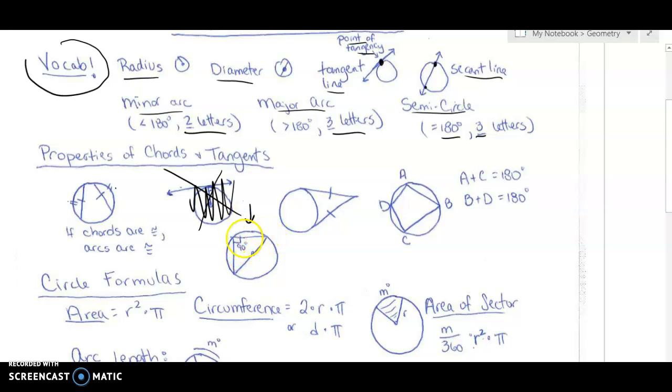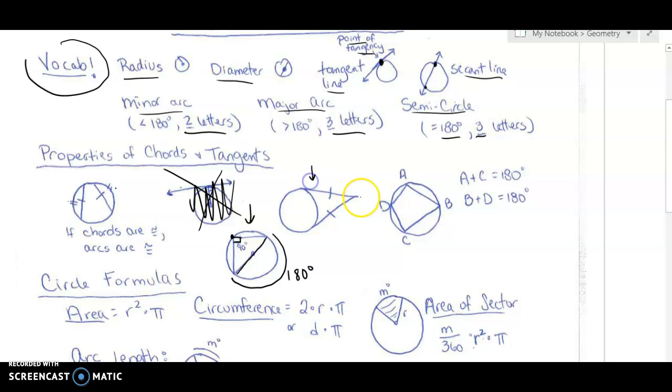All right, remember that if you have an angle that has a vertex on the circle, and it opens up to exactly half the circle, because this is a diameter, this is 180 degrees. This angle will be half of the arc. Half of 180 is 90, so this angle will be a right angle every single time.